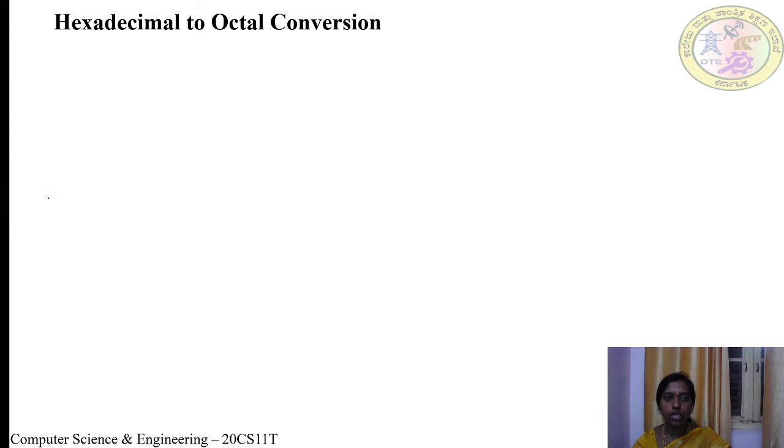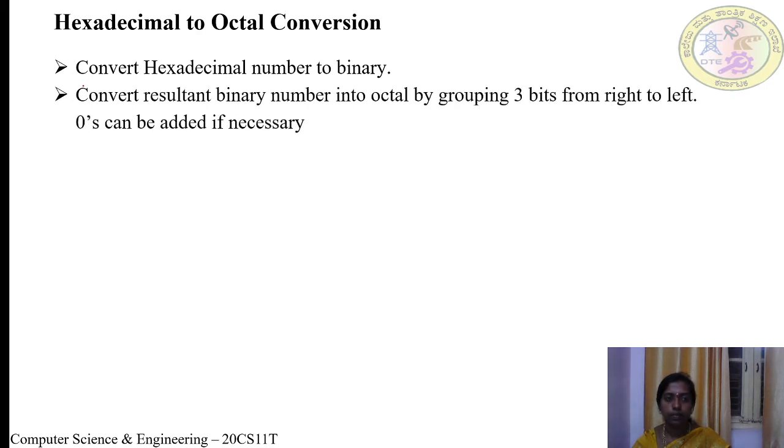Next, we move on to the conversion from hexadecimal to octal. First step, convert the hexadecimal number into binary. Take every digit of the hexadecimal number and make a group of 4 bits binary equivalent. Then convert the resultant binary number into octal by grouping 3 bits from right to left, and zeros can be added if necessary.